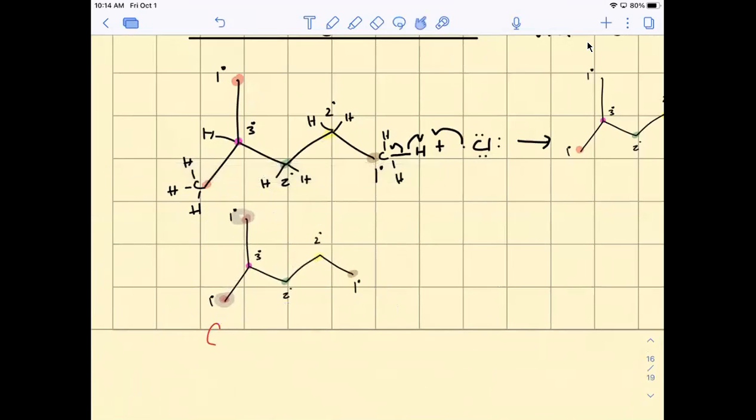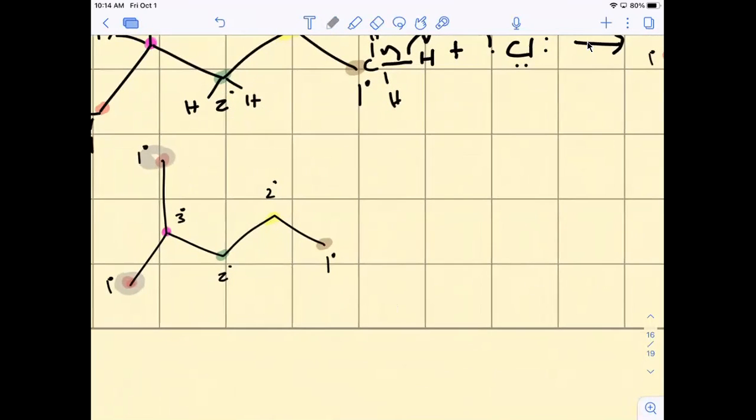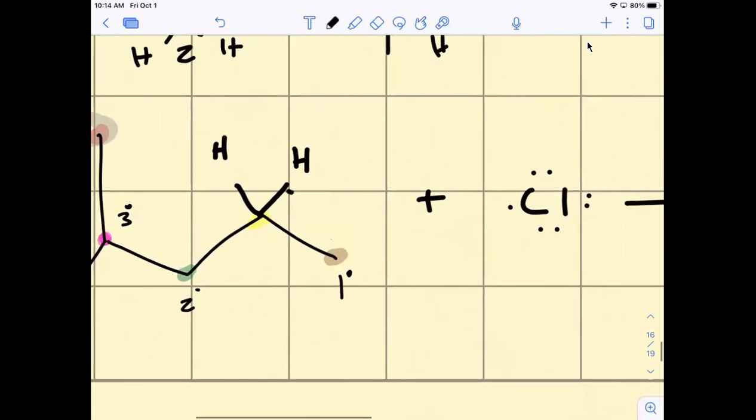All right, take that secondary that's highlighted in yellow, and we're going to abstract from that site. Right, and I just want to show again that bond breaking. I'm going to do an arrow like that instead.